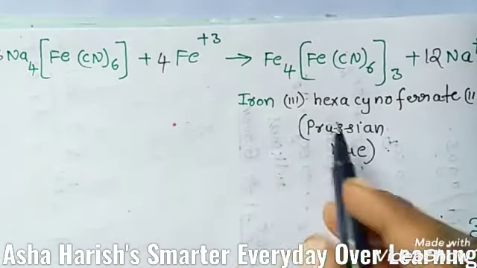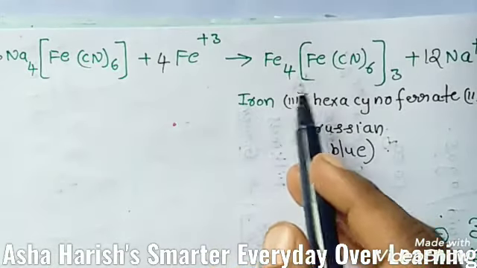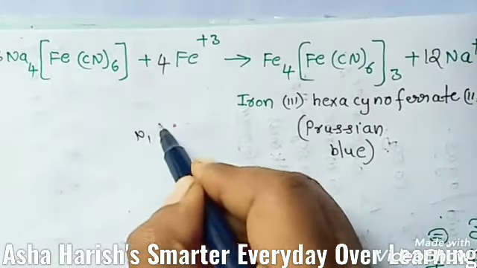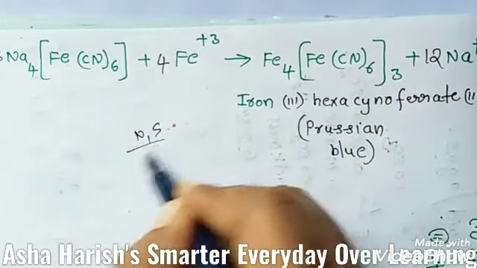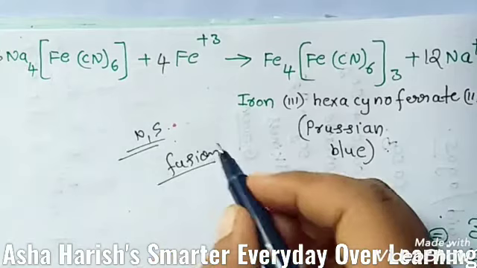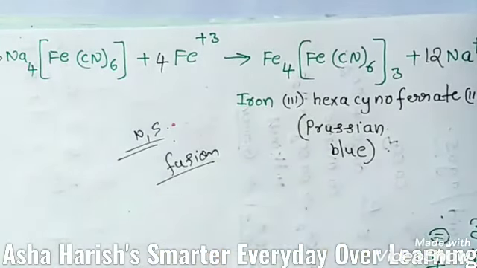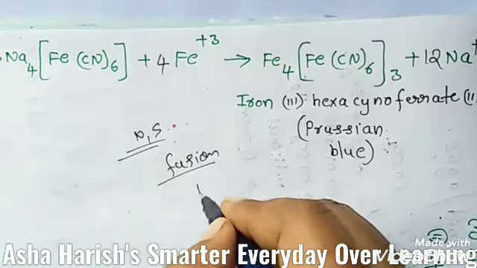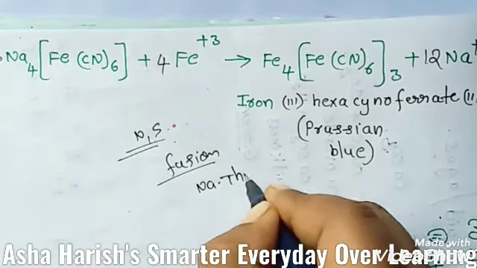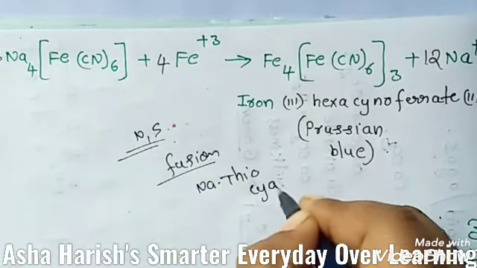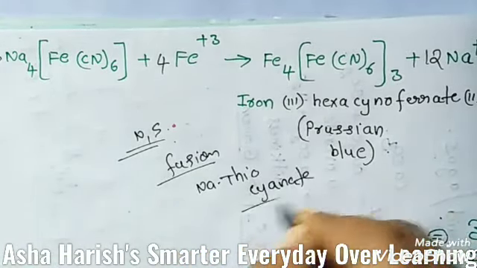Suppose nitrogen and sulfur are both present in the organic compound. They may combine during fusion to form sodium thiocyanate, also called sulfocyanide, due to insufficient sodium.